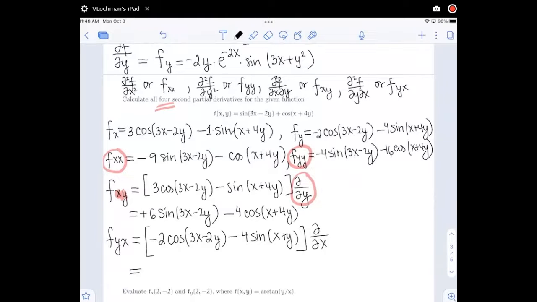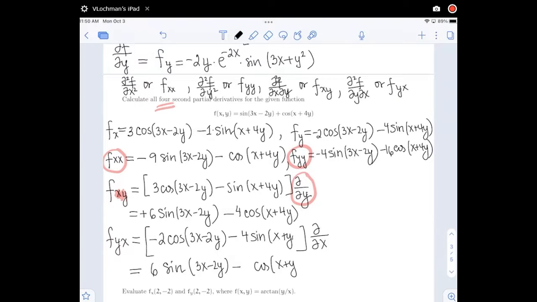Derivative of cosine is negative sine, right? So I'm going to keep that negative in mind. I have negative 2 and negative from the sine, so that's positive 2, times the derivative of the inside, which is 3. So 2 times 3, that's 6. Okay. Minus, let's see what happens here. Derivative of sine is cosine x plus y. Nope, x plus 4y. Ooh, looks like I have a typo here.